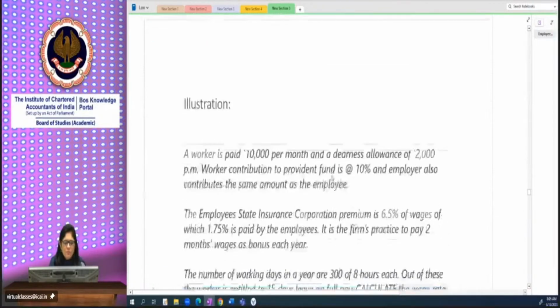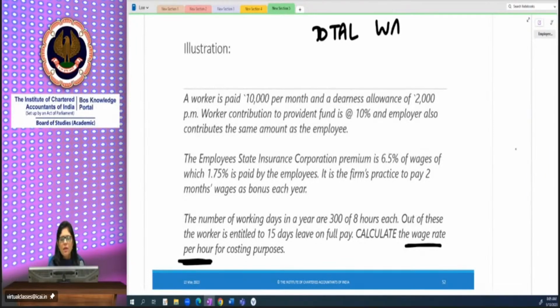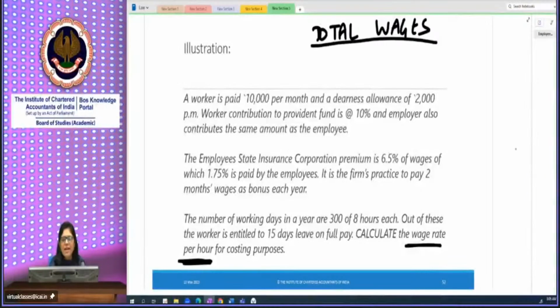Okay. So we have this one illustration. Please take a note of this illustration. We'll take a break of 5-7 minutes, then I'll come back. So till now, just practice this question if you are able to. Understand this question first. You have to calculate the wage rate per hour. Wage rate per hour means total wages divided by effective hours.